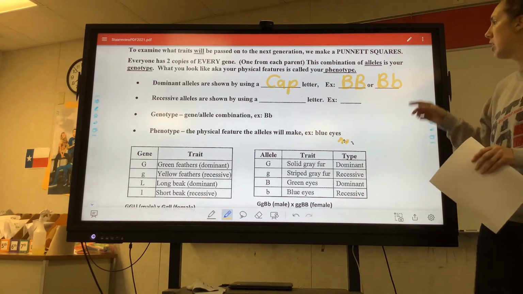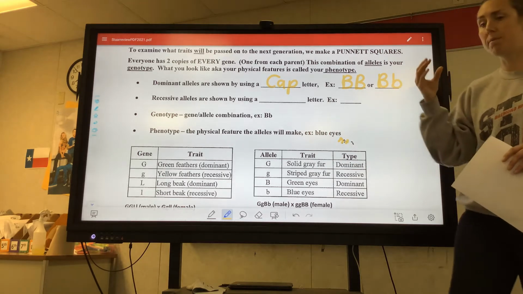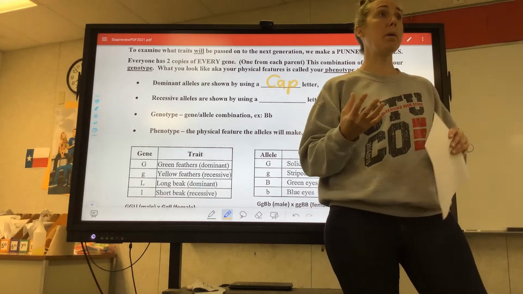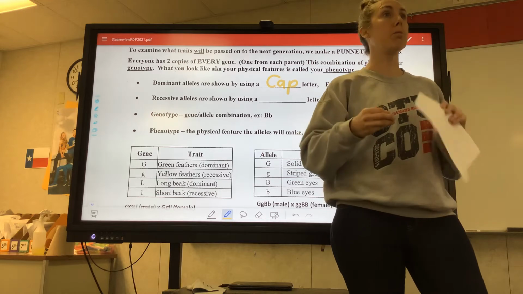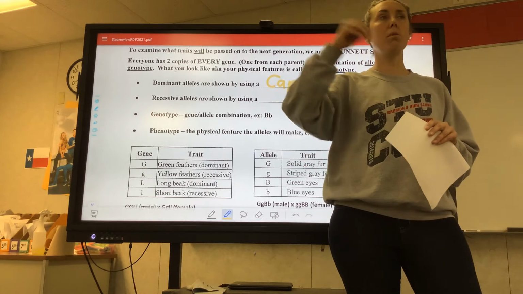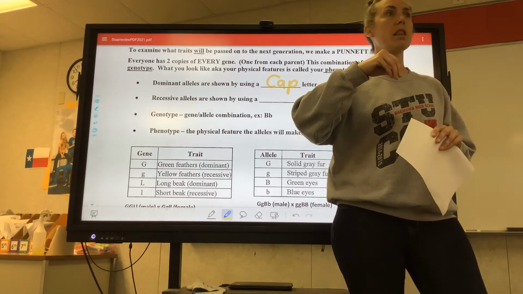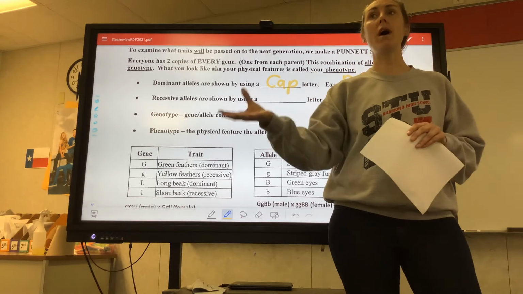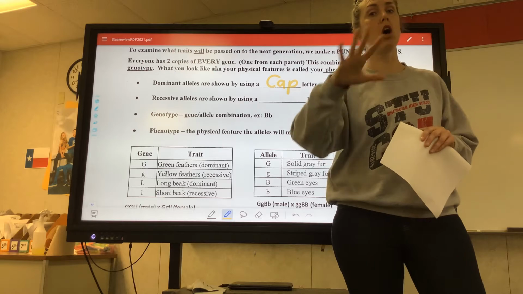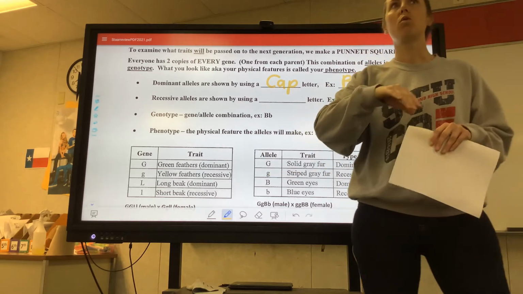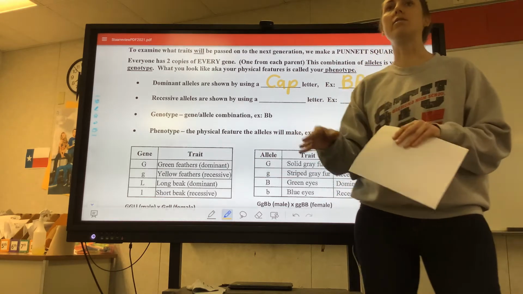Like picture the lowercase being like white paint, and then the uppercase being like a dark paint, like red or blue. If you put a little bit of color in that white, can you ever get that white back? No. So if you have even 1 dominant allele, you are now dominant. You are no longer that recessive.